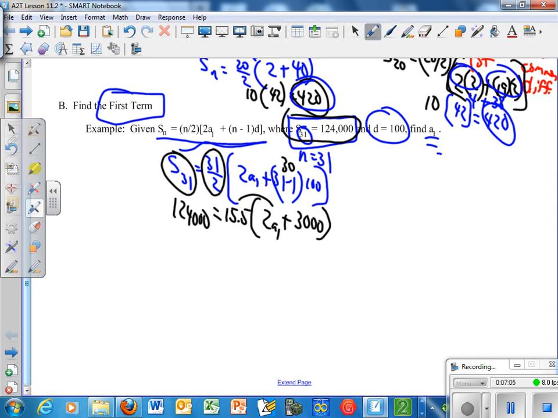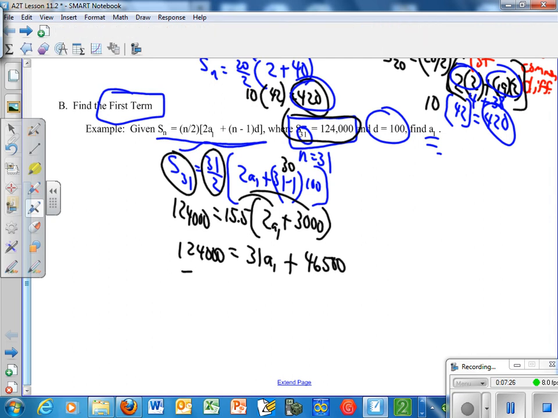Let's distribute. We could actually divide by the 15.5, but I'm going to distribute. So 124,000 equals 15.5 times 2A1 would be 31 times A1 plus 15.5 times 3,000. If you use your calculator to do that, it is 46,500.